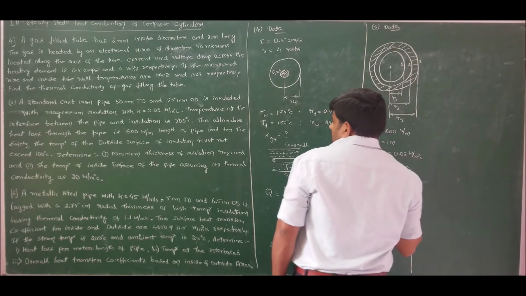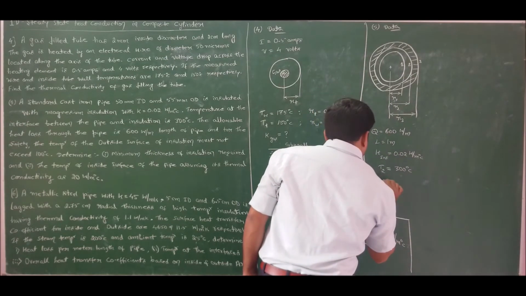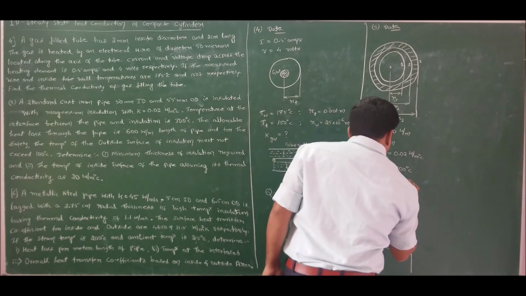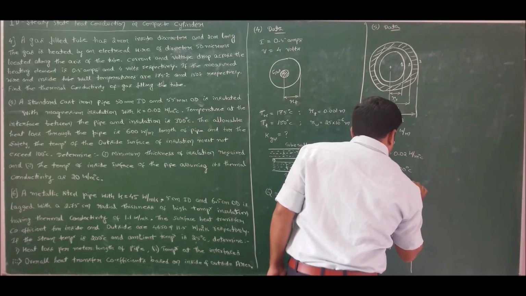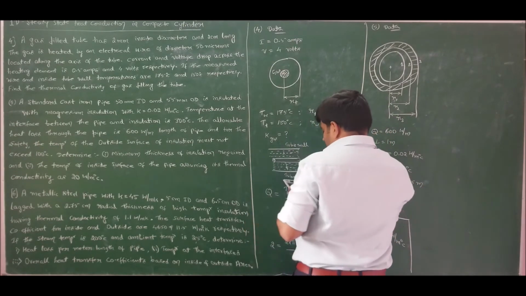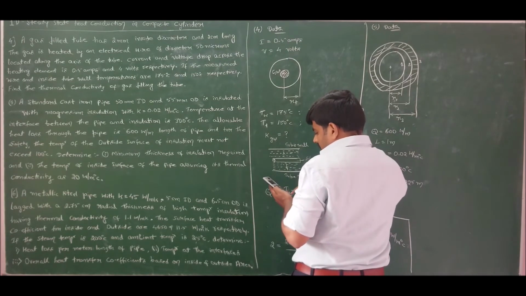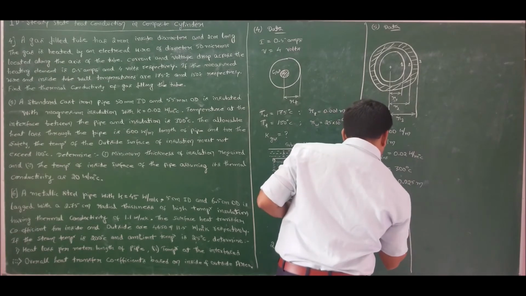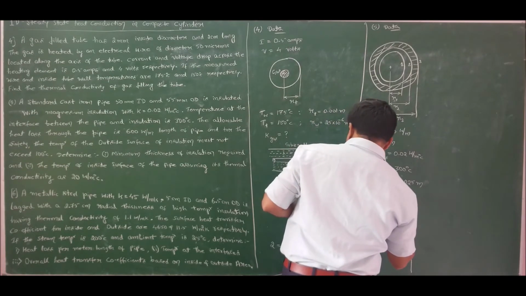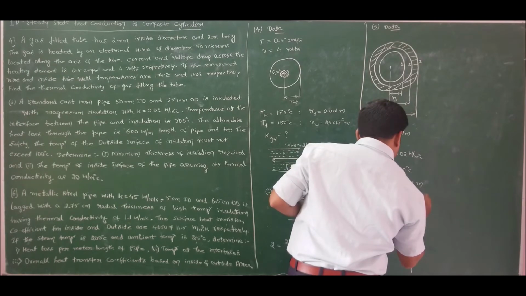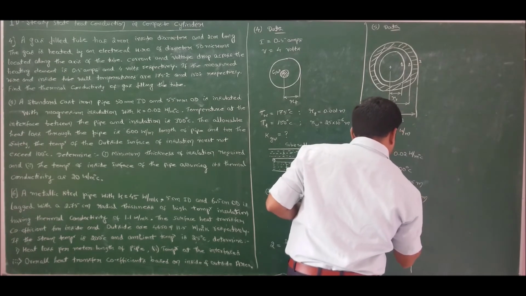So therefore we can determine the radius R1. Inner diameter is 50, radius will be 25 mm, that is 0.025 meters. The outer diameter of the pipe is 55 mm, that is 55 divided by 2, which is 27.5 millimeters. So R2 will be 0.0275 meters.